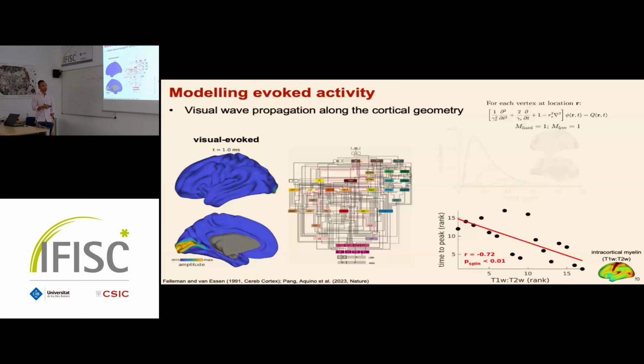Basically, regions in the sensory areas, visual cortex and the motor cortex in here, will have the highest myelination, and the association areas will have a lower myelin content. And what we find is that the time to peak and this approximation of the hierarchy match very, very well. And again, it's just a wave that propagates in space, nothing else. And you can go really, really far with it.